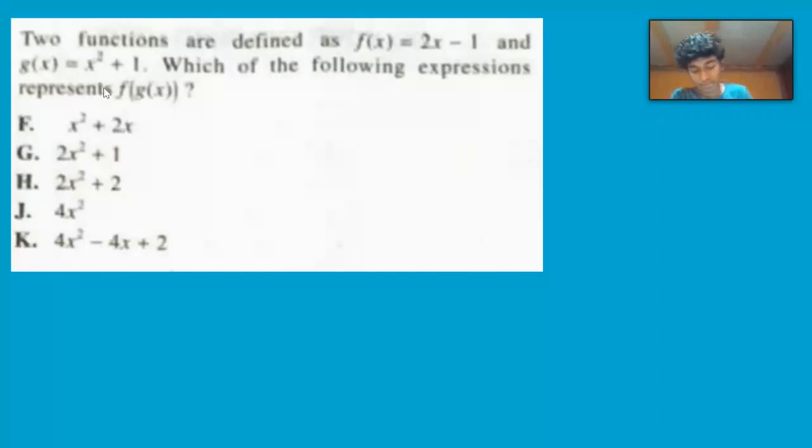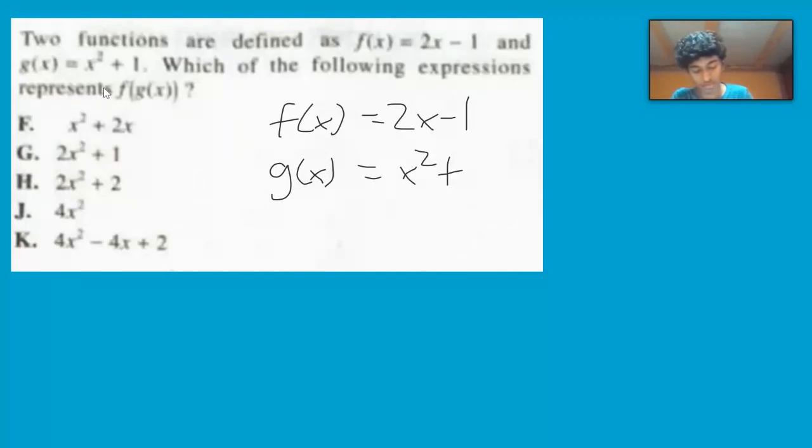All right, so we're given that f of x is equal to 2x minus 1. We know that g of x is equal to x squared plus 1. We want to know which of the following expressions represents f of g of x. Well, we know f of x is 2x minus 1. So for f of g of x, we would just replace every instance of x in f with g of x.